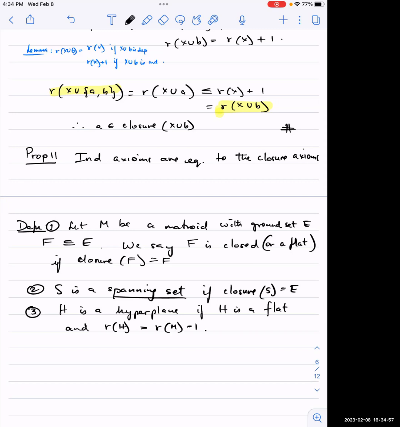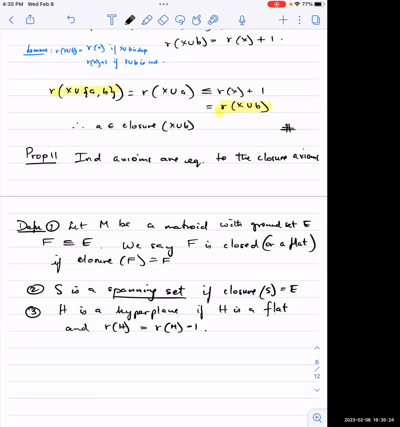So that intuition of a hyperplane, if you're looking at the vector space Rn, being the subspaces of dimension n minus 1 is still there here. The rank of H is just 1 less than the rank of M.